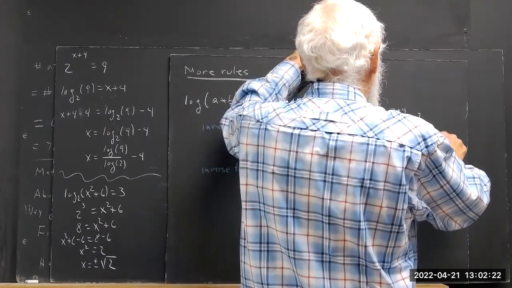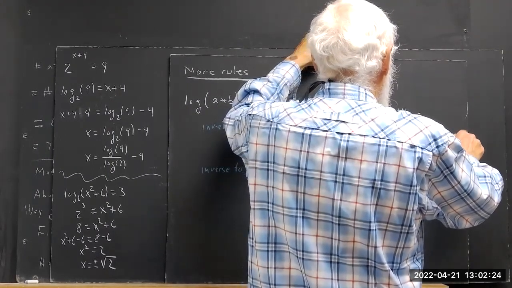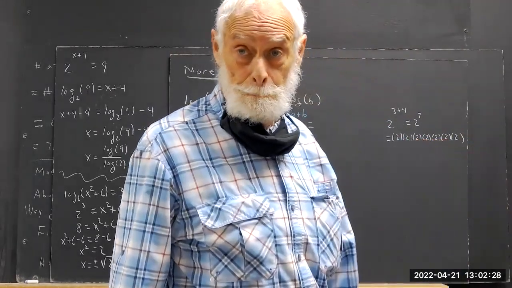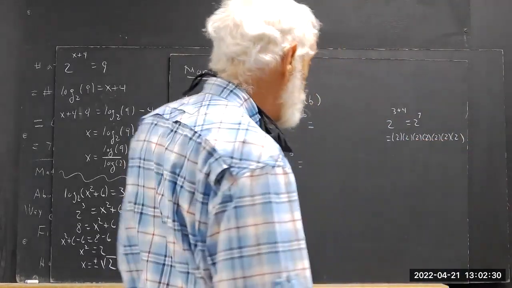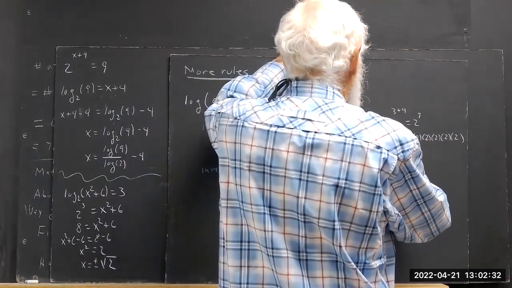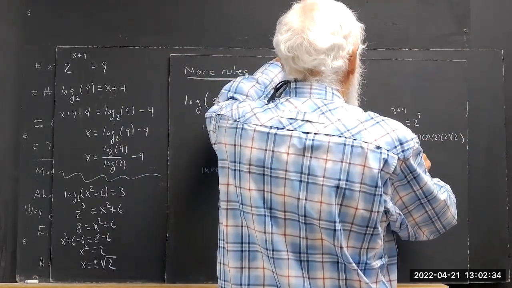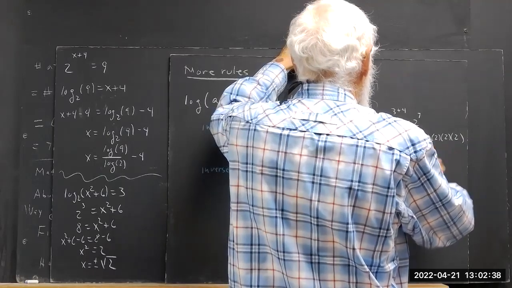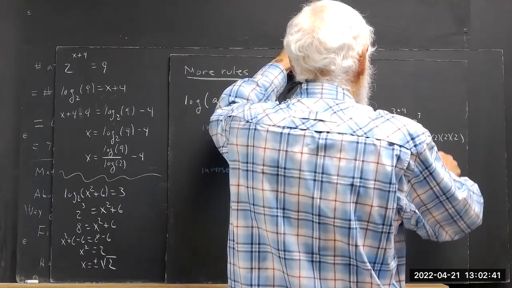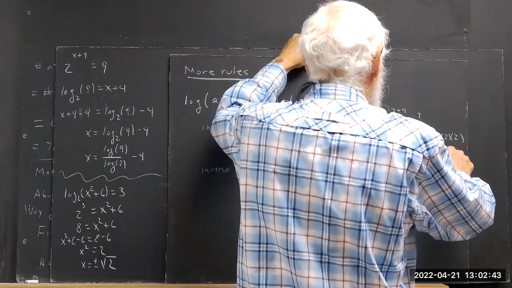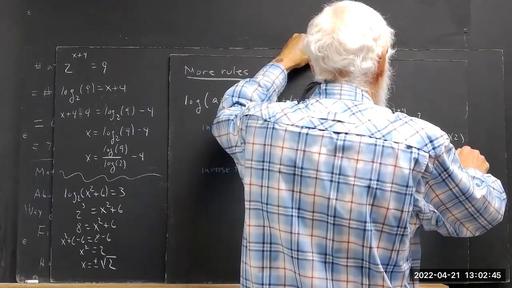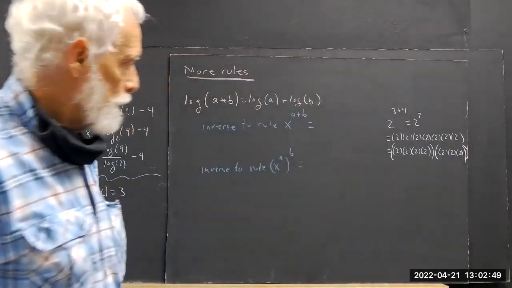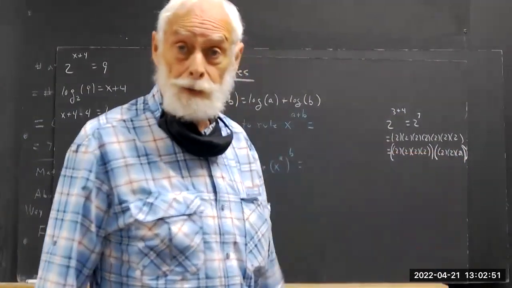We want to see what happens with 2 to the 3 plus 4. And we get 2 to the 7th, which is, we don't need some really big numbers because we don't want to be writing these things out for a month, but there's 7 of them there, right? And of course that equals this. I can group this any way I want to.